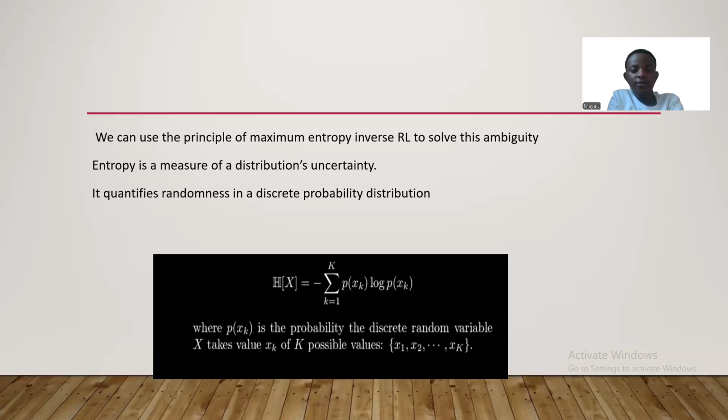That is entropy, and it is what we are going to try to maximize, to get rid of the ambiguity and get the real reward function.